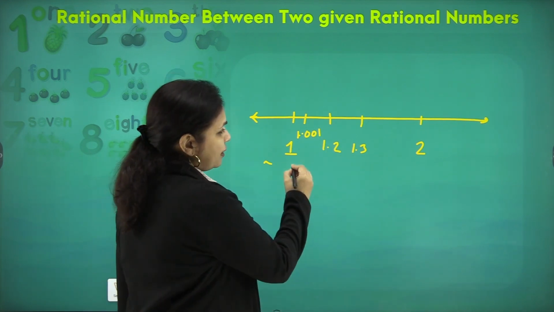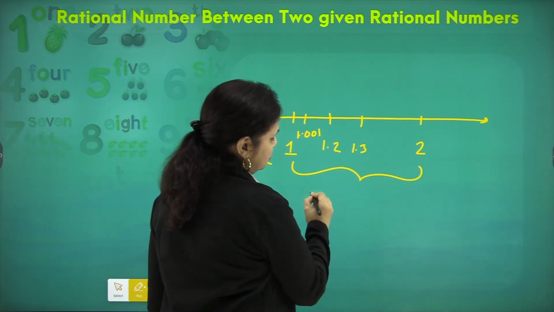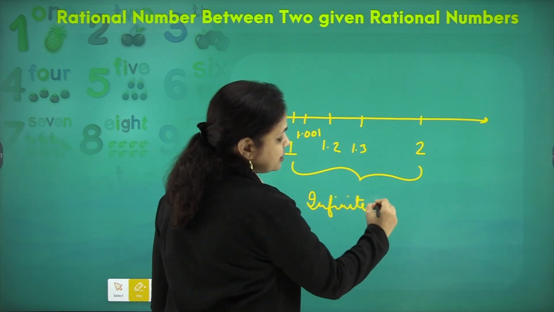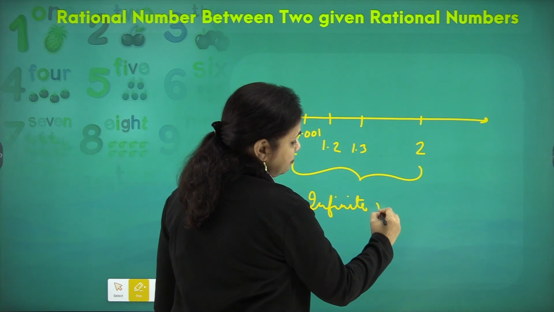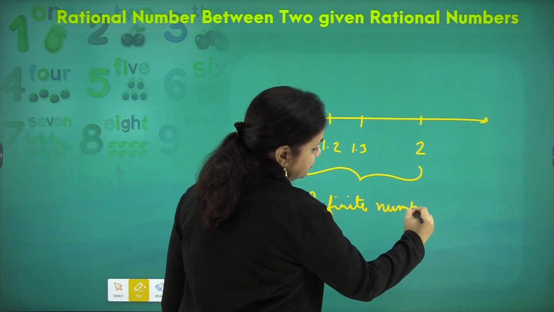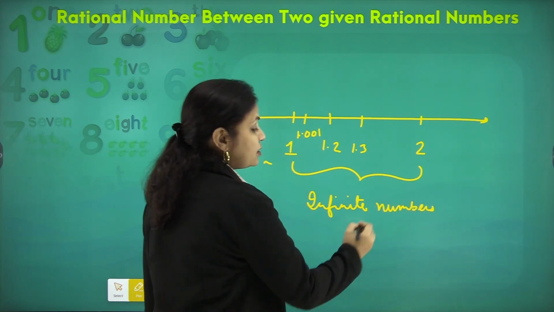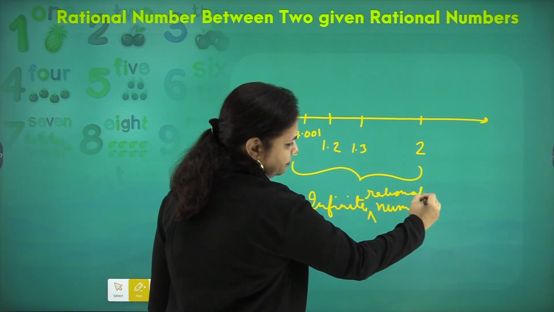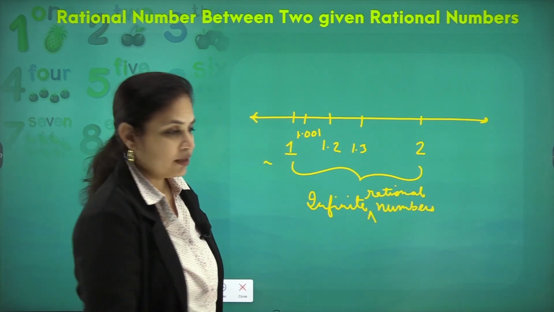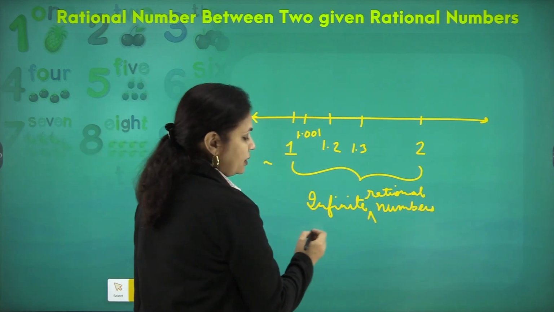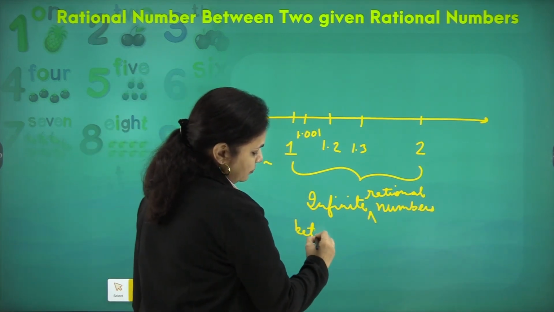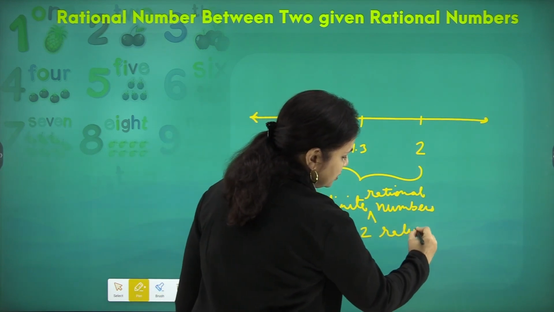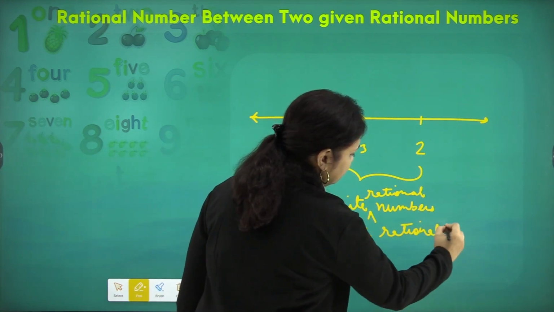So there are infinite rational numbers that can be fitted between two rational numbers.